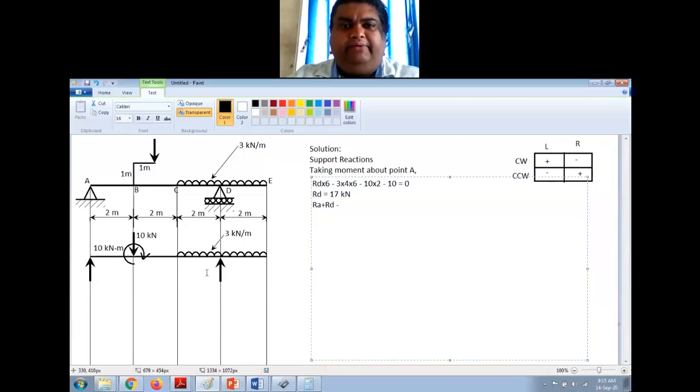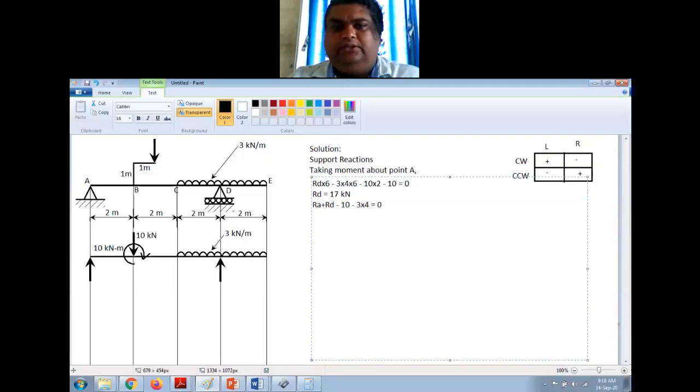At point B, I have 10 kilonewton, minus between C and D, I have a uniformly distributed load of intensity 3 kilonewton and the span is 4 meter. So 3 into 4. For calculation of shear force, whenever you are considering the forces, the couple is not included. So don't put this couple in this equation, and this should be equal to 0, right?